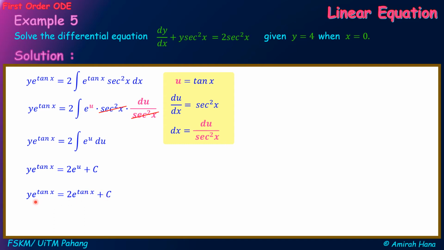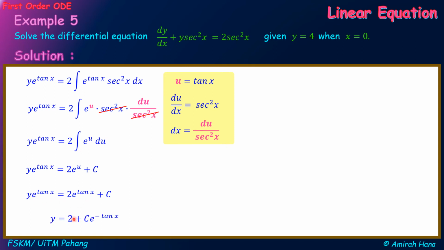Then we can write y as the subject. Normally for a linear equation, we write y as the subject. So when we write y as the subject, we move e to the power of tangent x to the right hand side. When we move e to the power of tangent x to the right hand side, it means we need to divide each term on the right hand side by e to the power of tangent x.